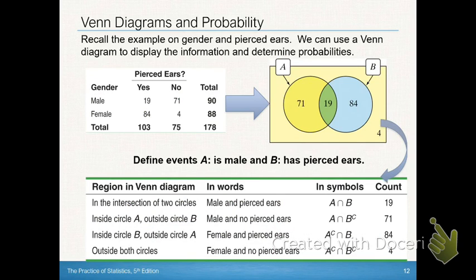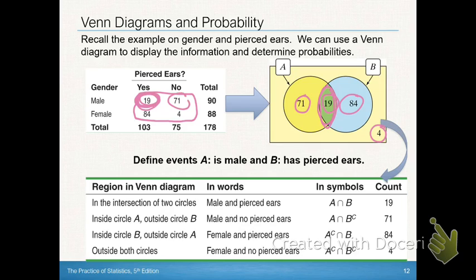Last, we want to make a few connections between the two-way table and the Venn diagram. You'll notice that the numbers here within the table are the same numbers that show up over here as the entries in the Venn diagram, and that will always be the case. Like these 19 people are the people that are both male and have pierced ears. So that shows up in the overlap because the green part represents both male and having pierced ears.